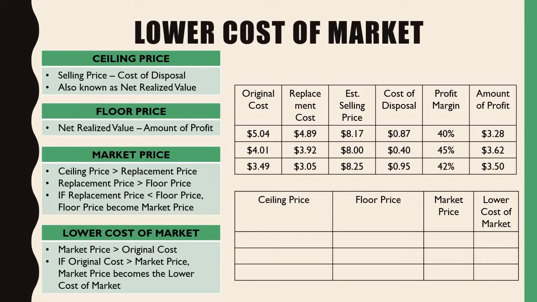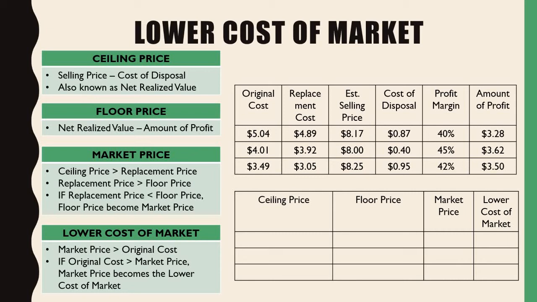The profit percentage is 40%. You don't really actually need to know that part. All you really need to know is that out of that profit, you want to earn at least $3.28, okay?